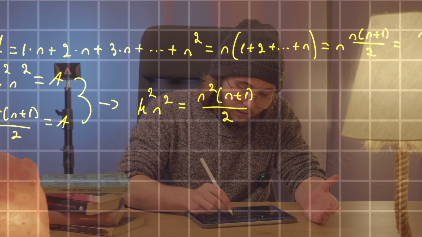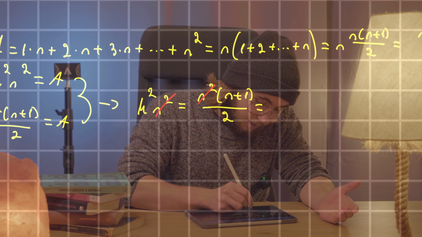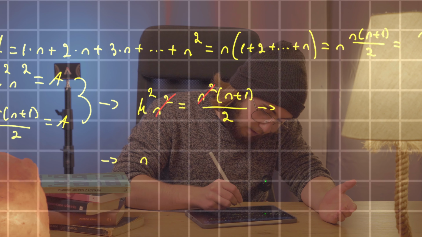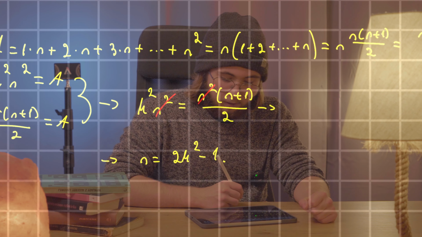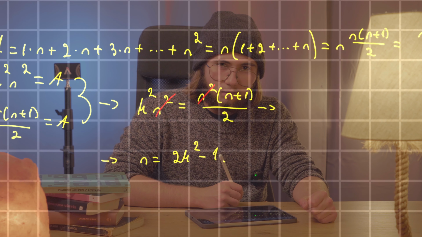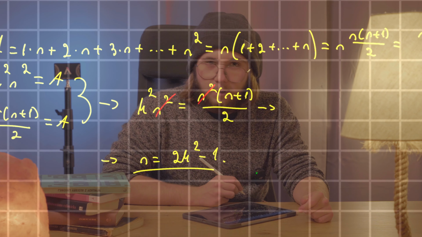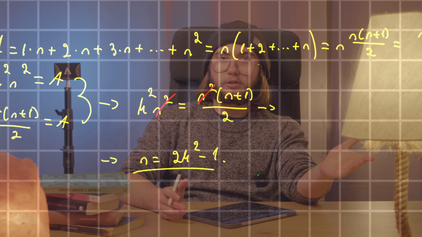We can cancel out those n squares because we don't really need them, getting that n is going to be equal to 2k squared minus 1 for every single k. Whoa, boom. And this is our beautiful solution.